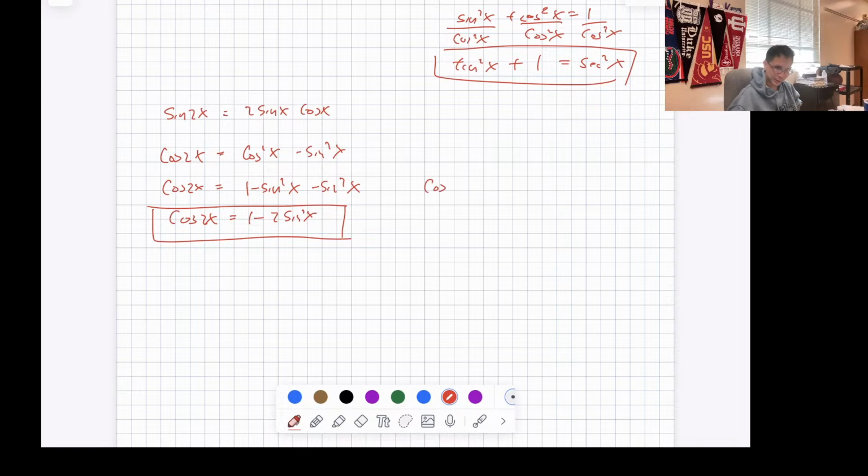So can I say cosine 2x is equal to cosine square of x minus sine square of x? Now I'm going to change the sine square of x to 1 minus cosine square of x. And that's equal to 2 cosine square of x minus 1. Now again, this is not useful. This is not what I'm trying to do.